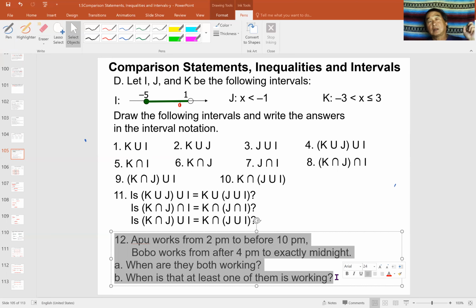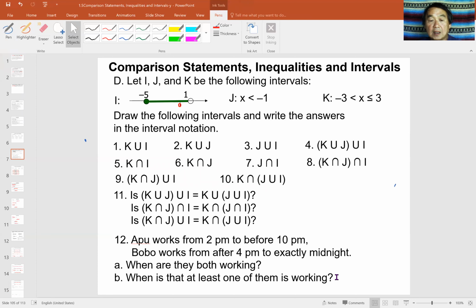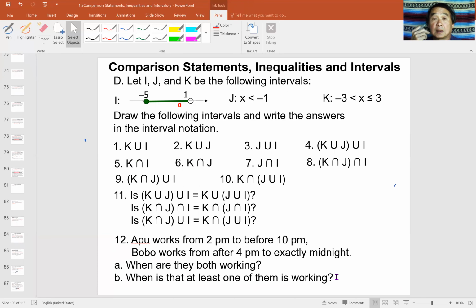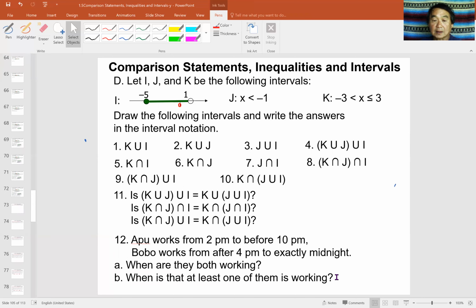When are all 3 people on the floor? When are both people on the floor? When is one of them on the floor, but not the other? All these are intersections and unions. Question number 12 is very straightforward with two sets, two intervals. But you can easily imagine many people with many different schedules overlapping, the union, the intersections. It's a very practical problem.